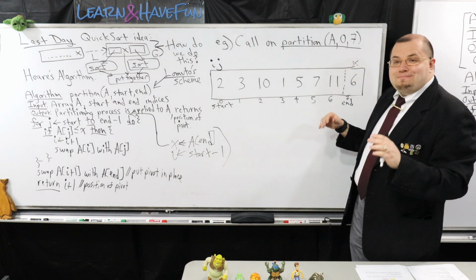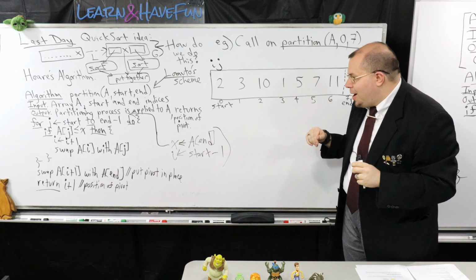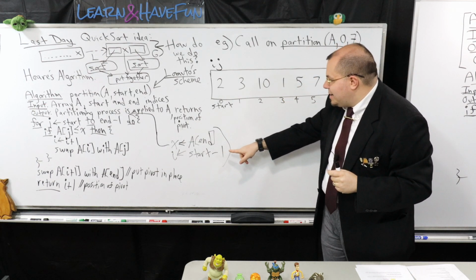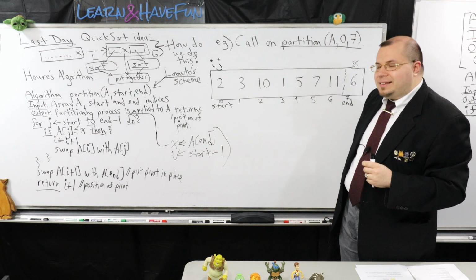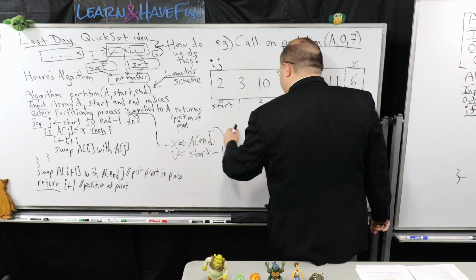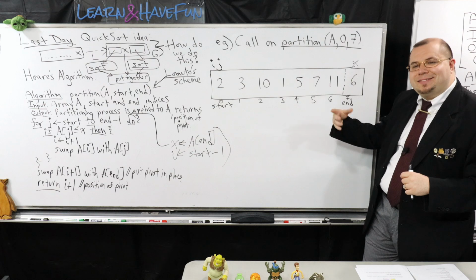Okay, well, let's keep going. x is assigned A sub end, square brackets. Remember, I want this one to be the pivot because I'm going to compare everything against the pivot.